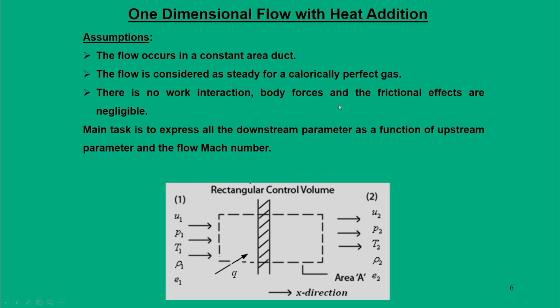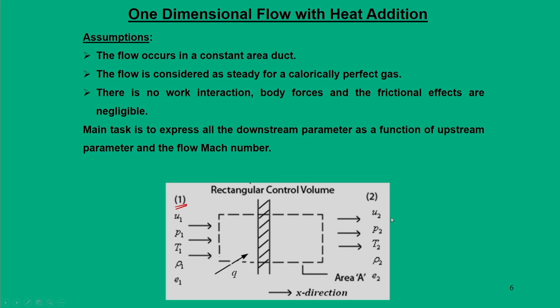Now, let us discuss the heat addition process in detail. The first thing we are going to discuss is the heat addition process in a one dimensional medium, and we consider a rectangular control volume with certain inflow conditions, denoted by region 1.